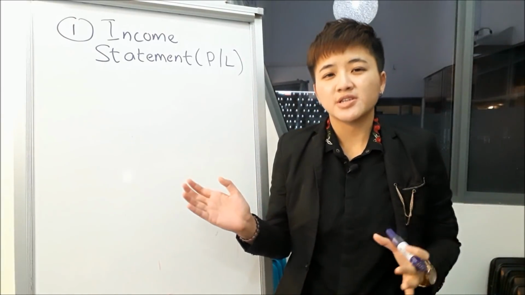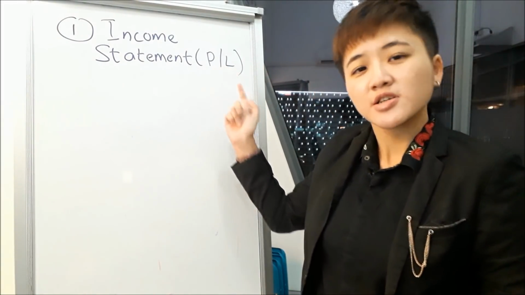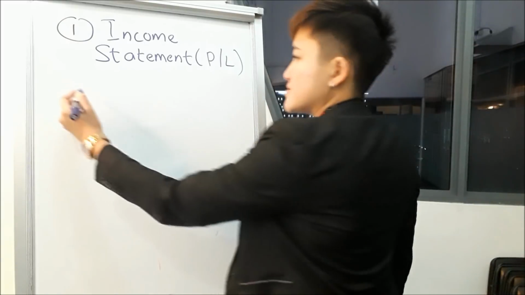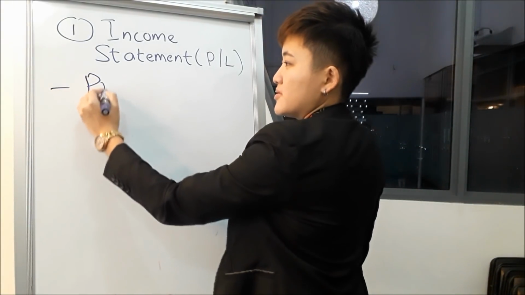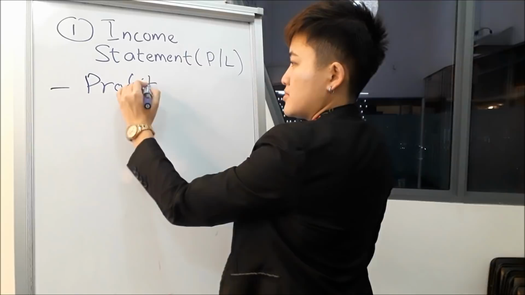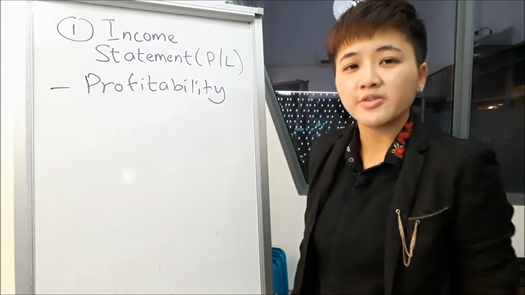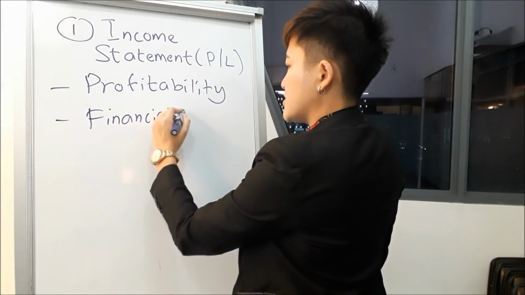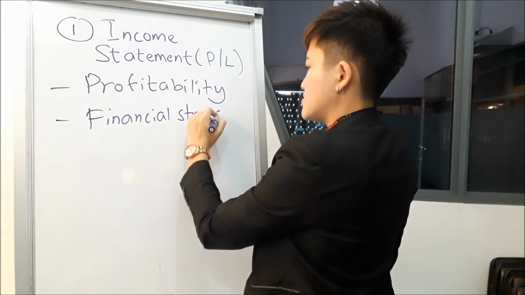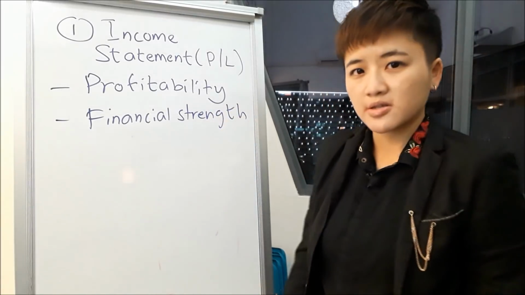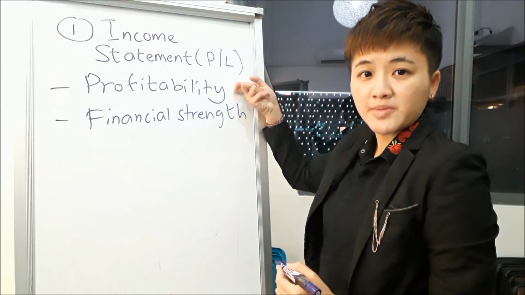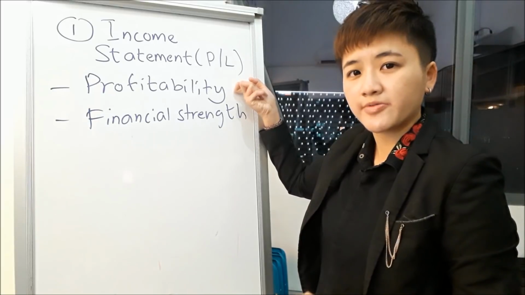Okay, so the first financial statement. As the name suggests, why is it called profit and loss statement? It is because it tells you what is the profitability of the company and also what is the financial strength of the company. Are they able to make money consistently over the past few years?